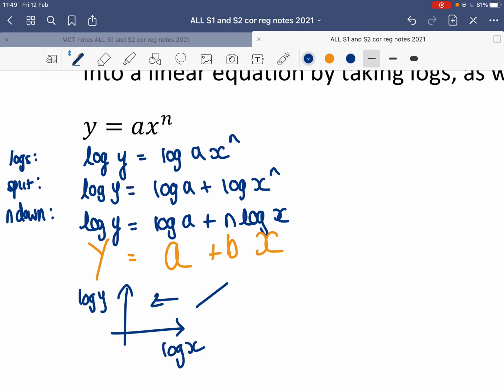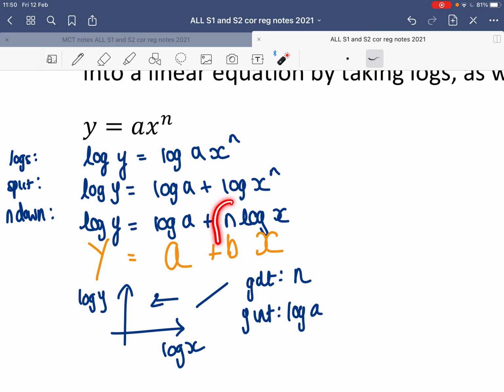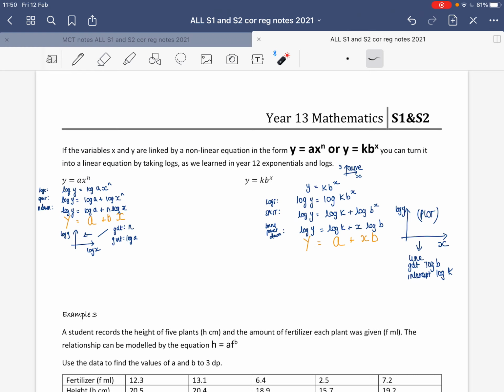So here's log x and here's log y. That's what would be plotted. It would bring out a straight line with gradient n and y-intercept log a. So that's from there and that's from there.